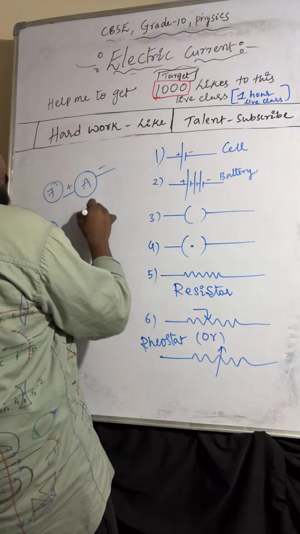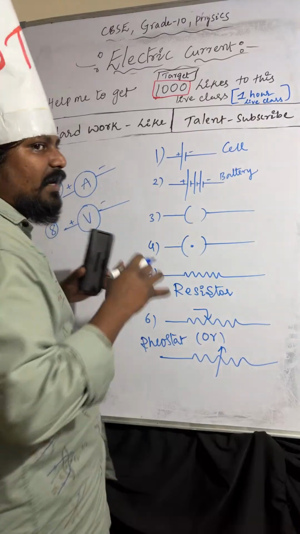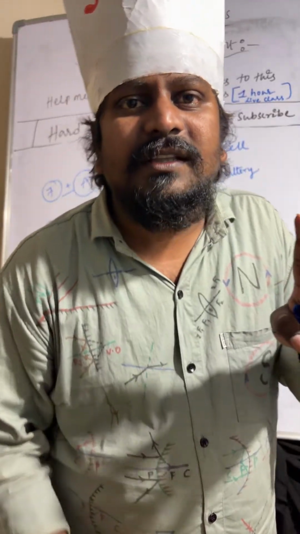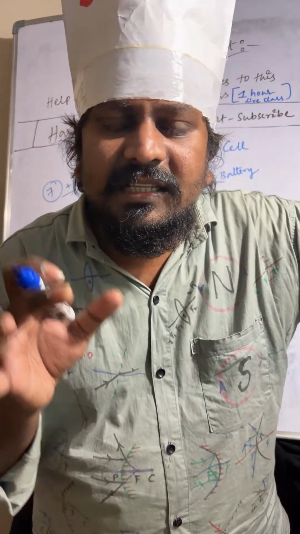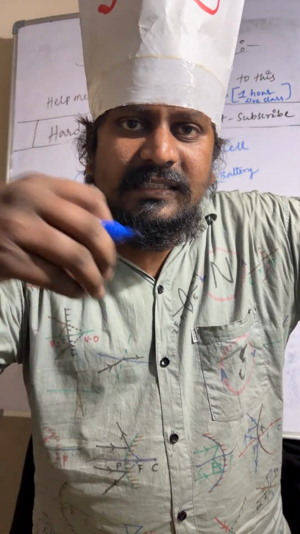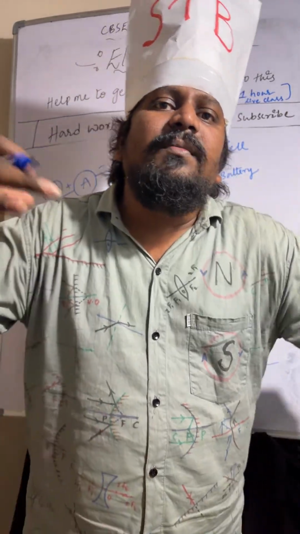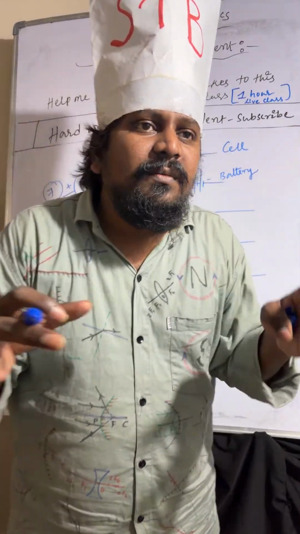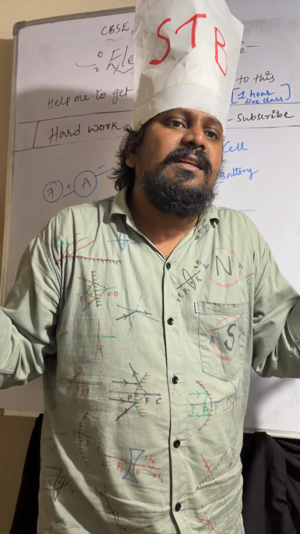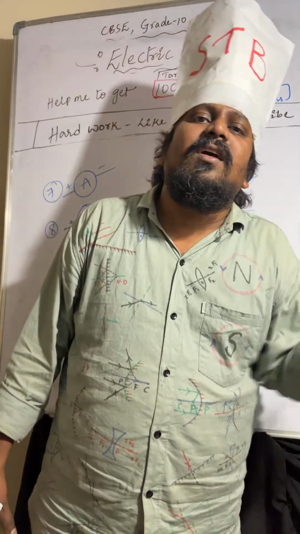Ammeter is a device which is used to measure the current in the circuit that is connected in series combination. Coming to voltmeter, voltmeter is a device which is used to measure the potential difference, that is connected in parallel combination.